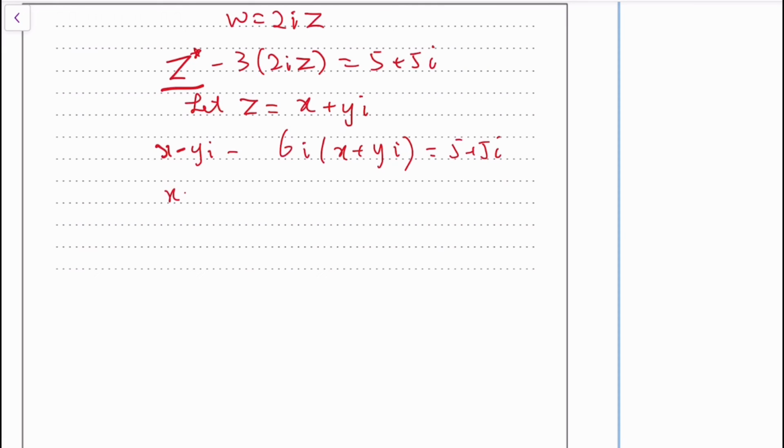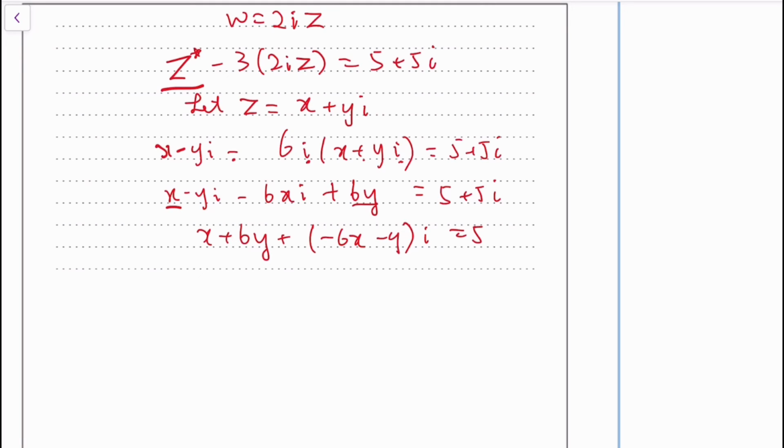So we just expand. I was hoping that this question was going to be harder. So we have negative times positive, that's negative, plus i times i is also negative 1, so it's plus 6y. So we collect the real part, so x plus 6y, plus the imaginary part is minus 6x minus y, i, equal to the right hand side.